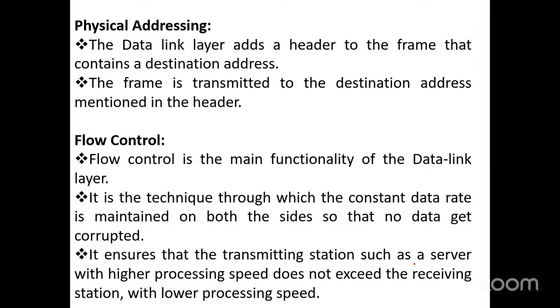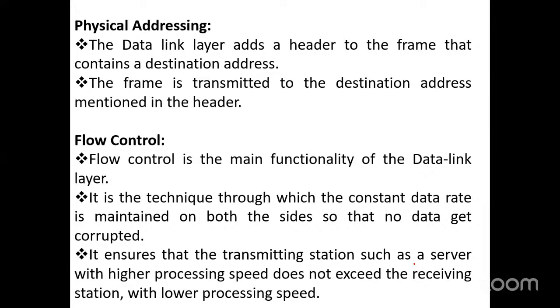So the point is, to overcome these two problems, we need to maintain a constant speed, a constant data rate, between the sender and receiver. This is the responsibility of the data link layer. The data link layer will take care of this flow control.